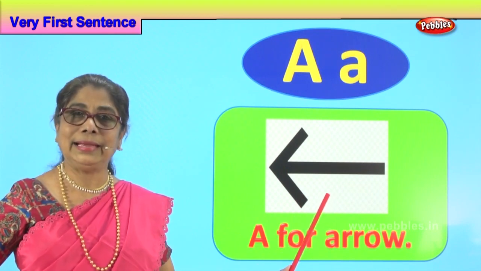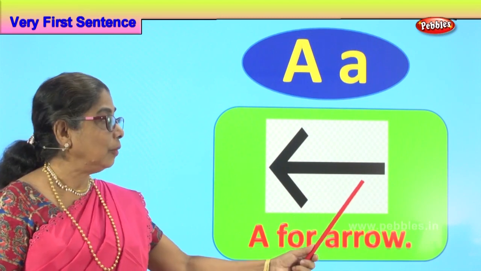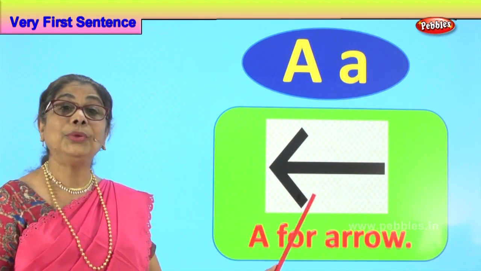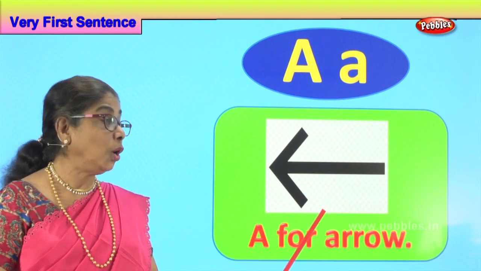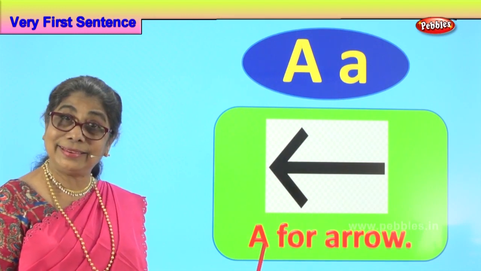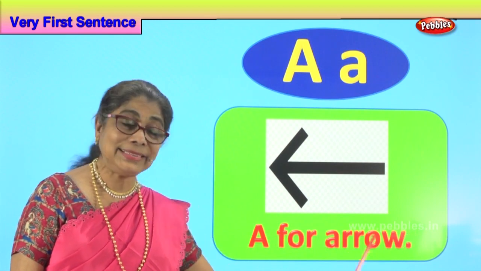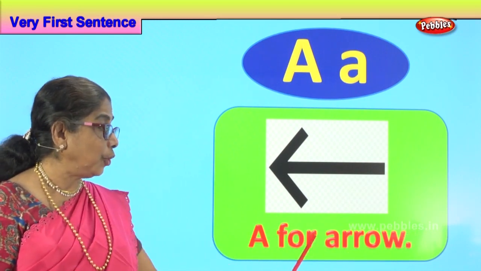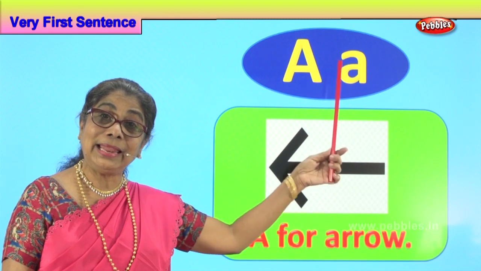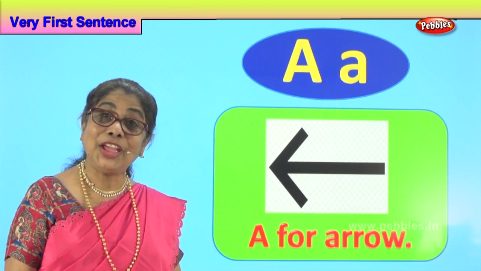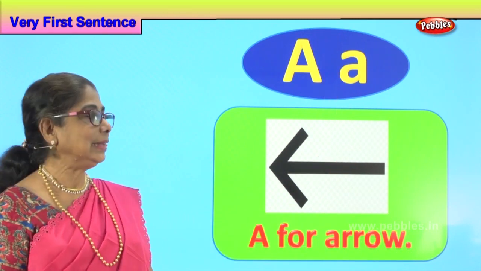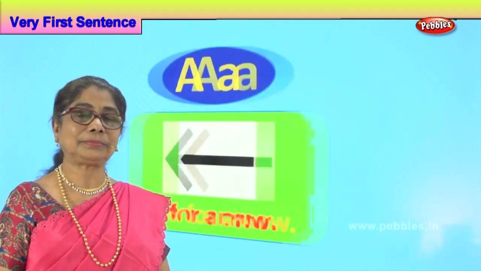Okay? They'll write exit or enter. When you see this arrow, you know you have to move on. Let's read together. A for arrow. Read it. A for arrow. Letter A sound. A. Good. Let's take another picture.